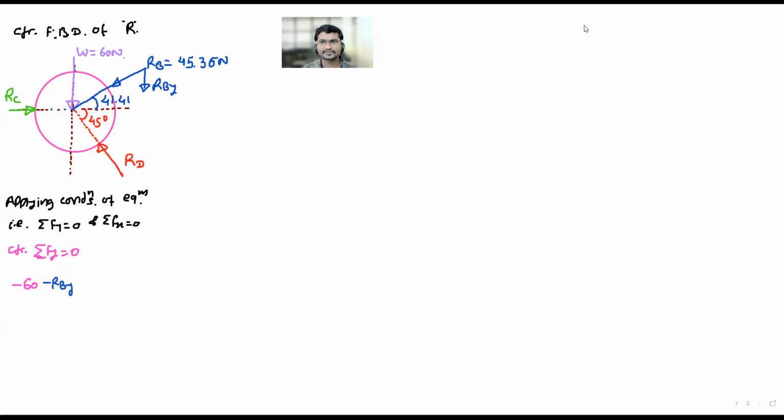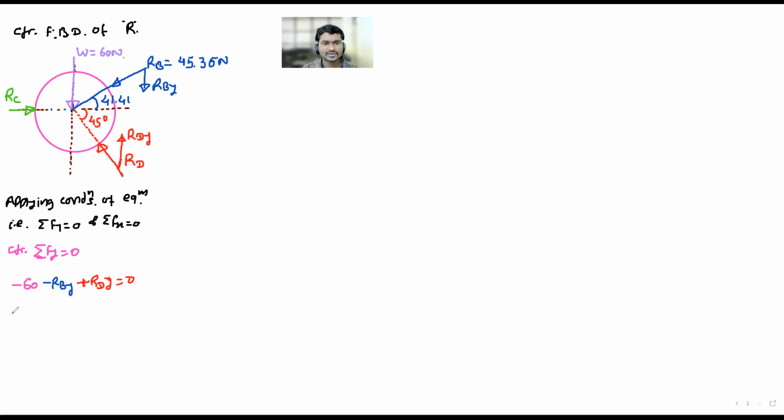Next, plus RDY, the Y component of RD, or vertical component of RD, is going up, so it will be positive, equals to 0.